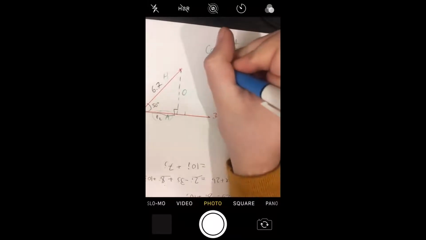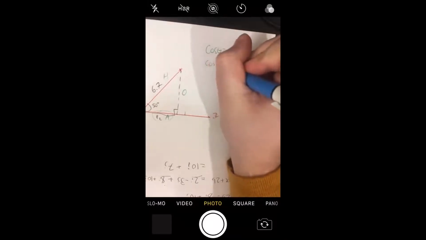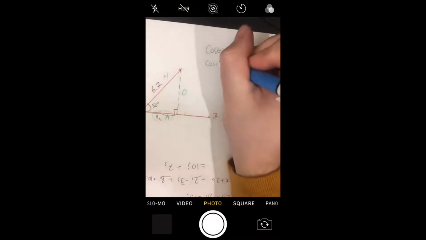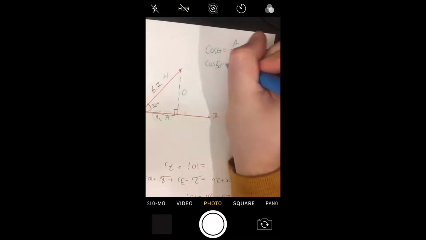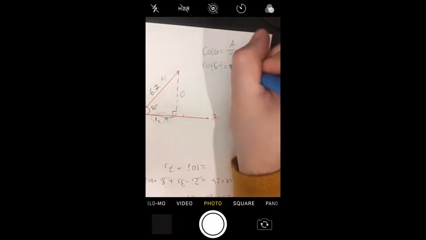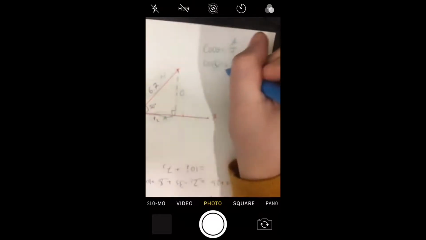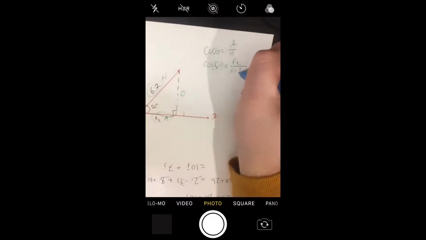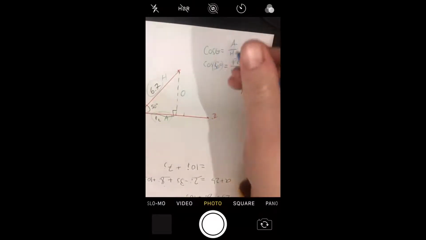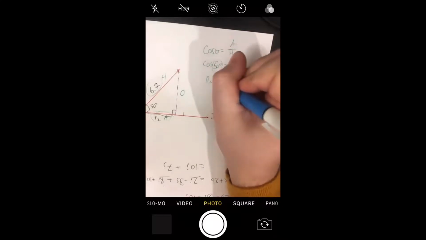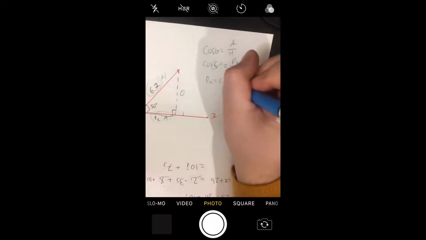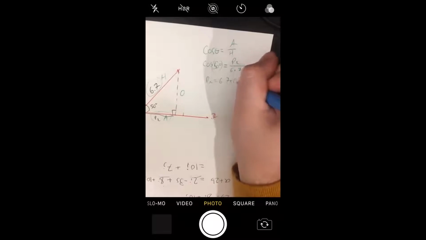In this case, theta is 50 degrees, so cosine 50 degrees equals A, which is P_x, over H, which is 6.7. So then we end up with P_x equals 6.7 times cosine 50.